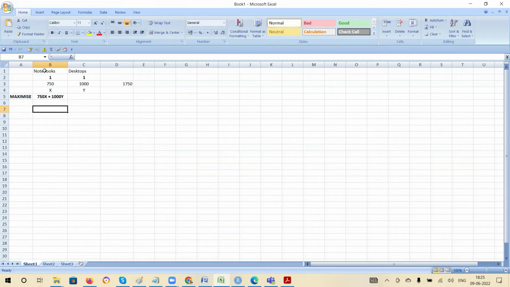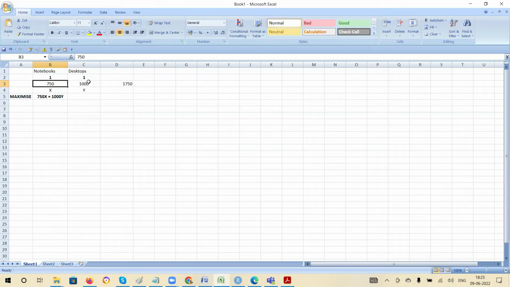So see, what it says is that an Indigo company makes notebooks and desktops. Notebook is given 750 rupees profit and desktop is giving 1000 rupees profit per piece. So how many notebooks and desktops should we make so that we get maximum profit?